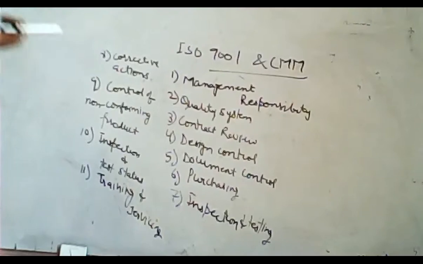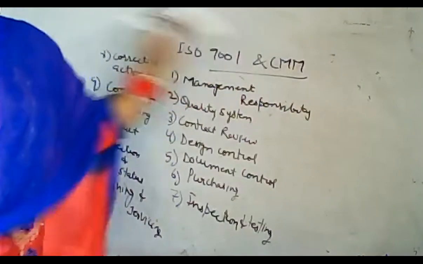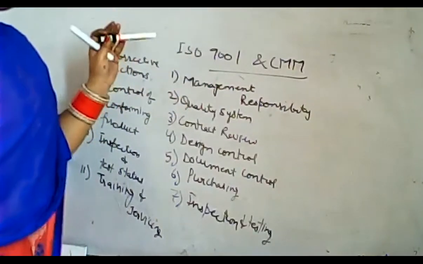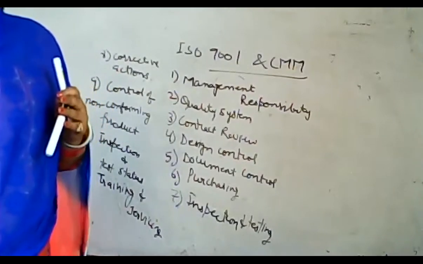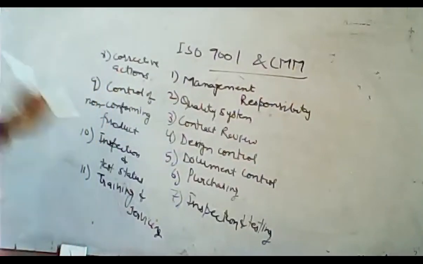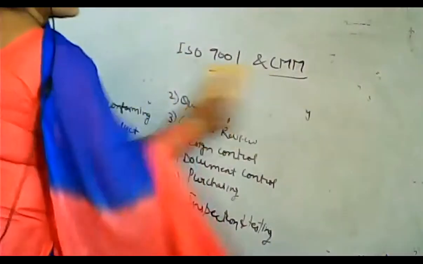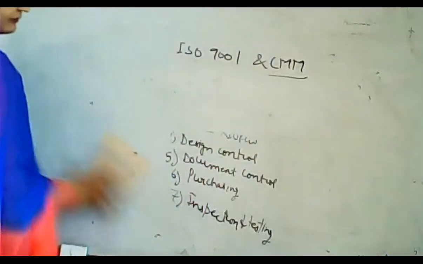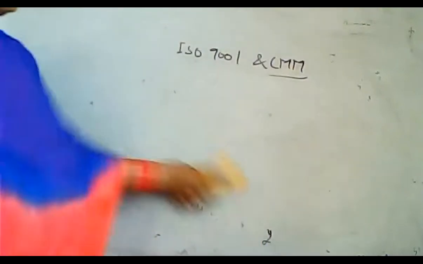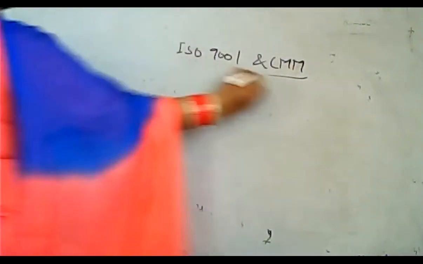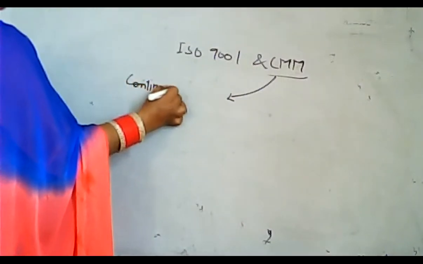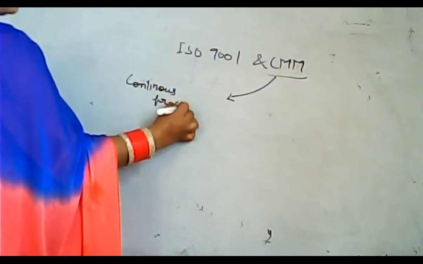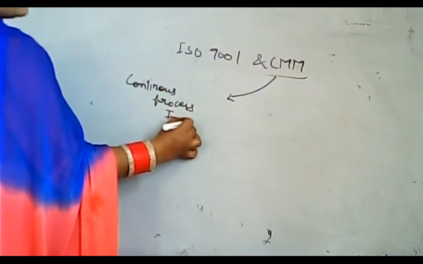is that CMM focuses on continuous process improvement. So the difference between ISO 9001 and CMM is continuous process improvement.